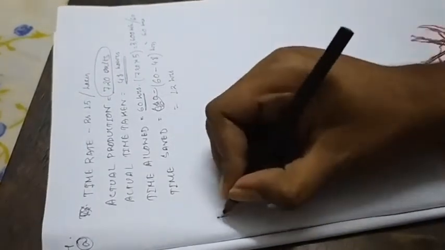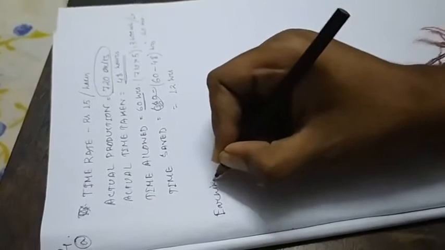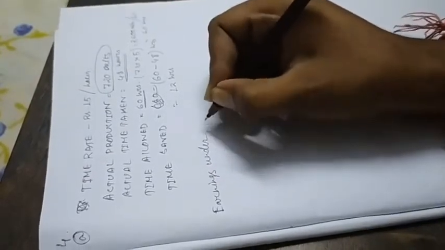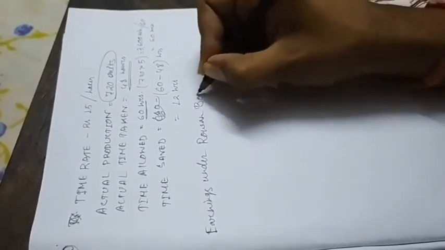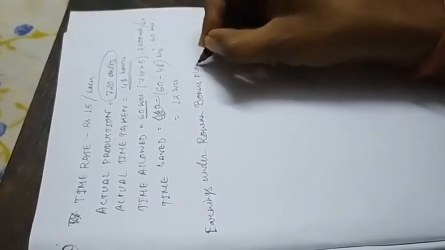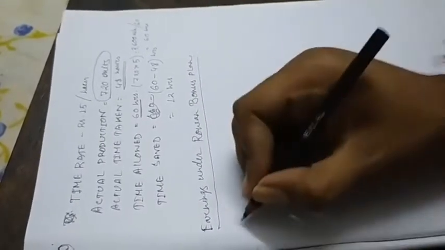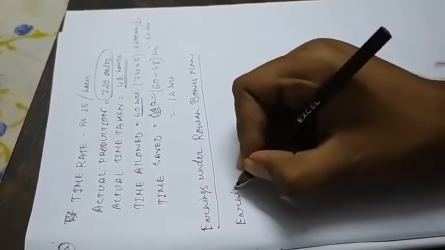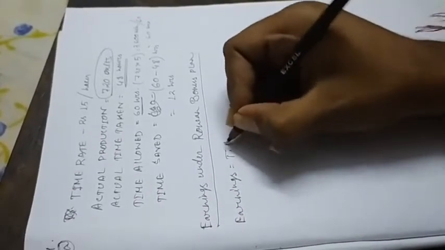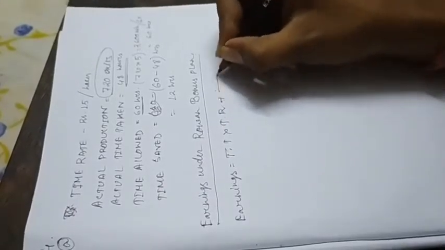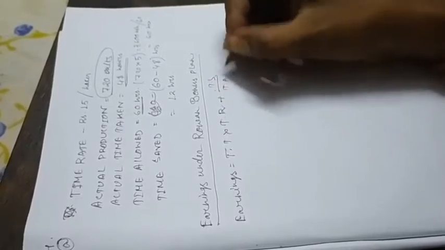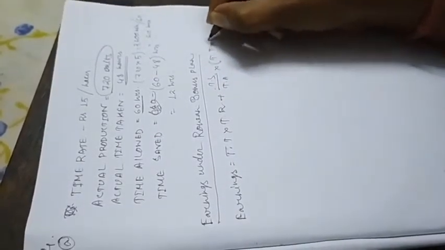Earnings under Rowan bonus plan, that is earnings equal to time taken into time rate plus time saved by time allowed into time taken into time rate. So this is our formula.